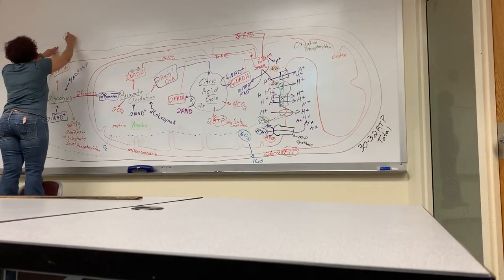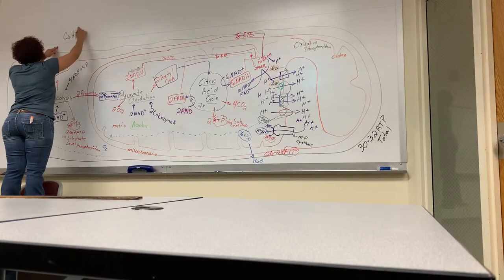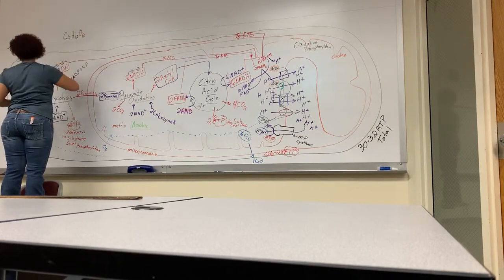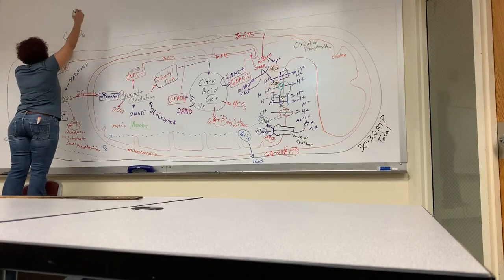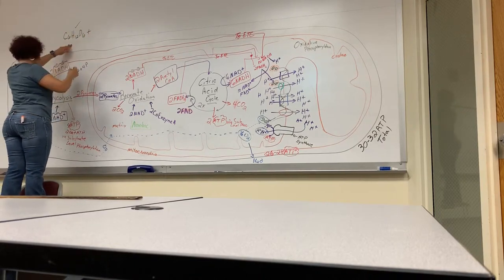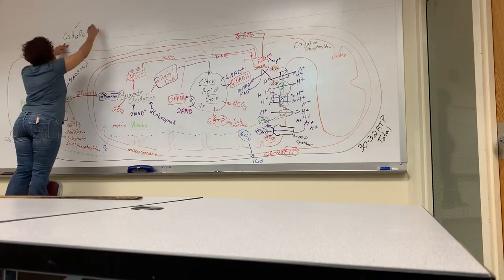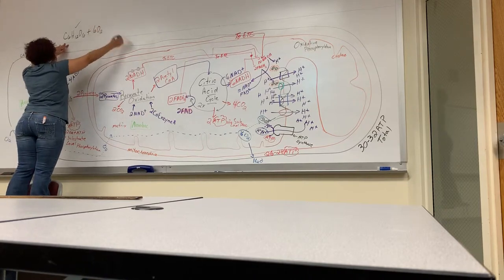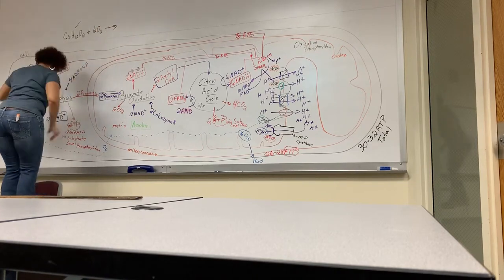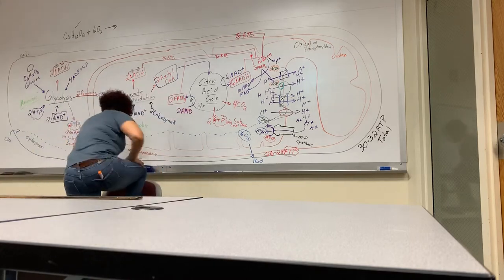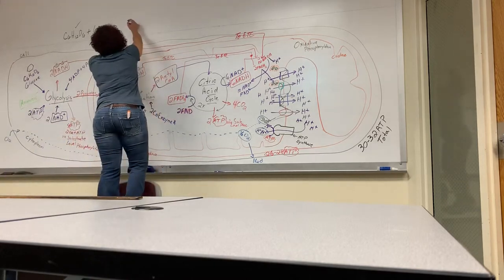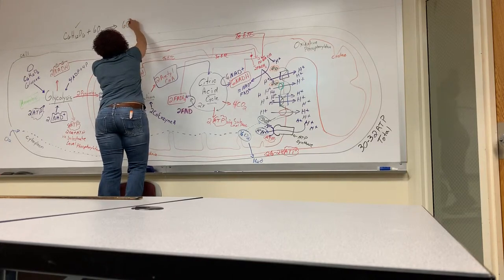Alrighty. C6H12O6, sugar, check. Oh wait, I don't want to check on there. Check, plus oxygen. Look at that, oxygen. 6 O2 molecules, gonna yield carbon dioxide, 6 CO2 molecules.